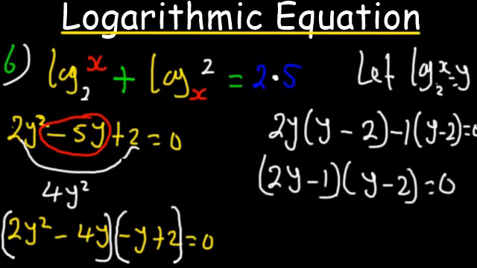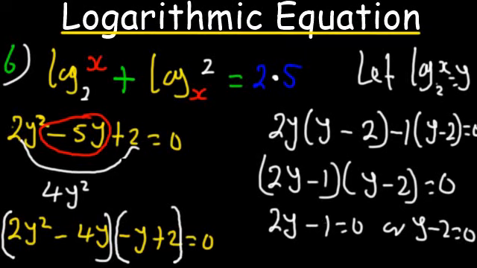Now at this point you can just set each of these parentheses equal to 0 so as to solve for the corresponding two values of y. So therefore for the first parenthesis 2y minus 1 equals 0, or y minus 2 equals 0. So therefore 2y will be equal to 1 once we bring 1 to the other side. Because it is negative initially, once it comes to that side it becomes positive.